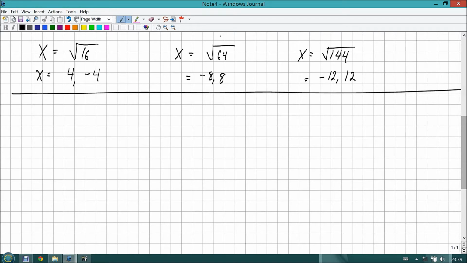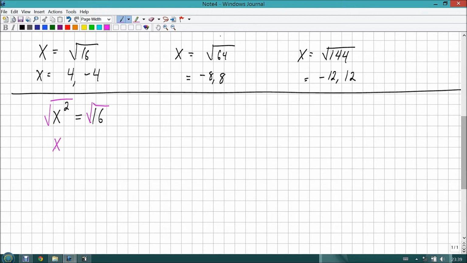So why is that important? Well, that's important for when we're trying to figure out what is x when x squared is equal to 16. To find what x is, we would of course take the square root of both sides, because the square root and the squared cancel each other out.